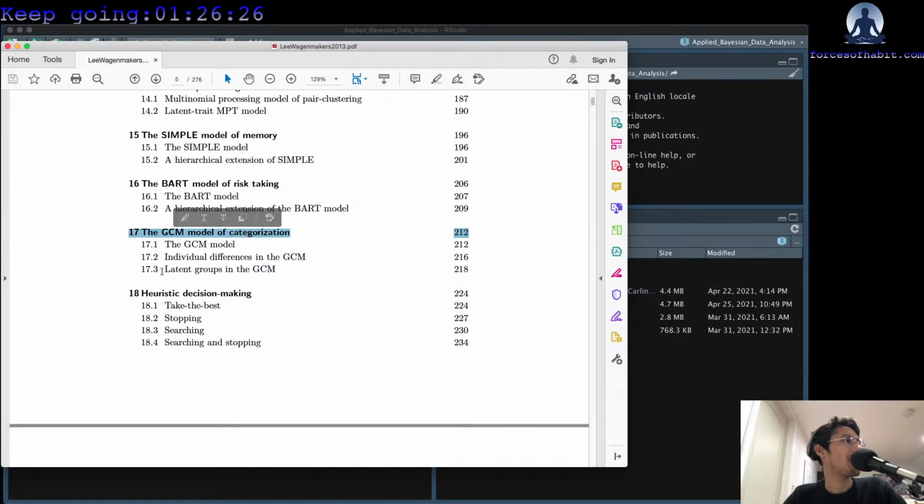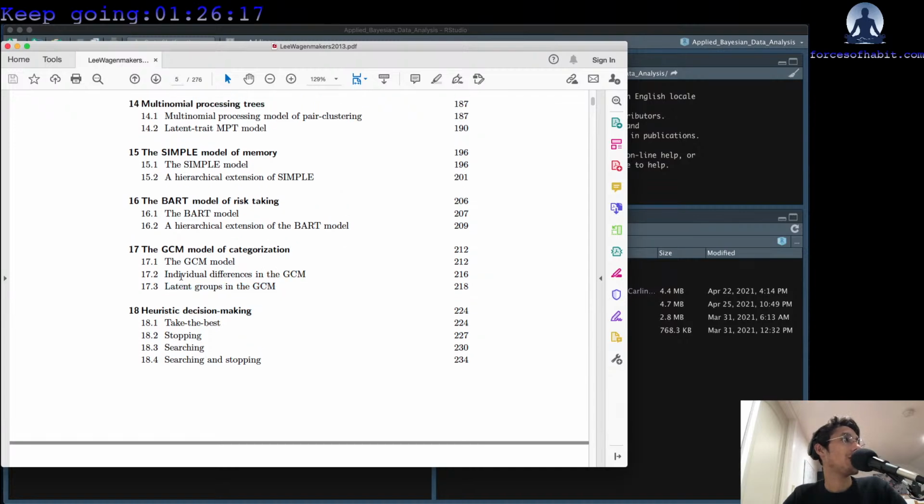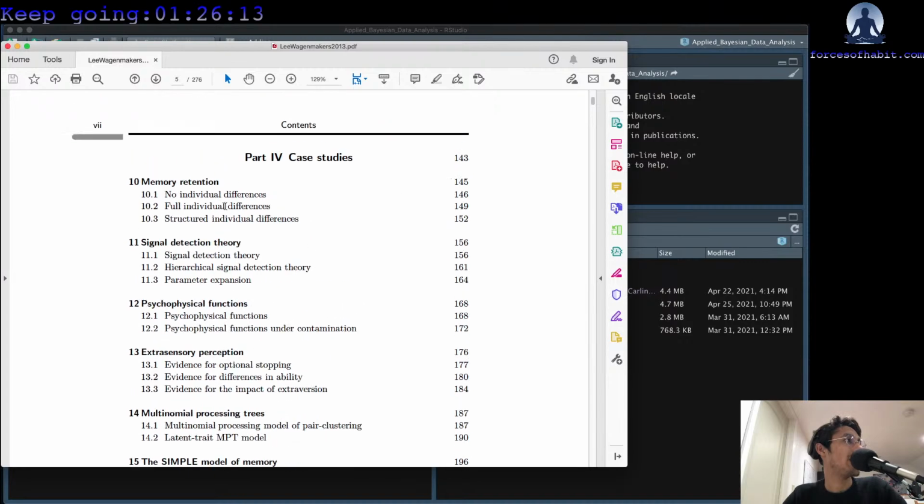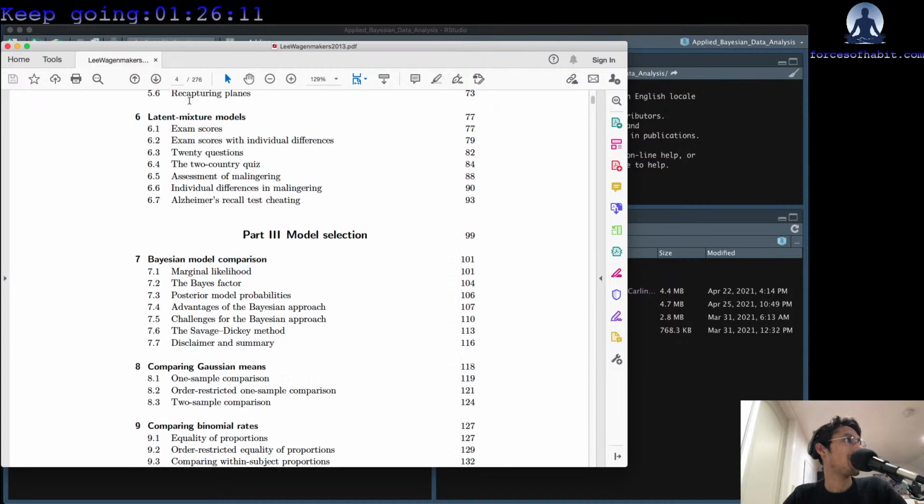We're going to be doing the third section today, which is going to be talking about these latent groups. And if you remember, we initially started talking about identifying latent mixtures in the mixture chapter. I believe it's chapter 6. So latent mixture models.